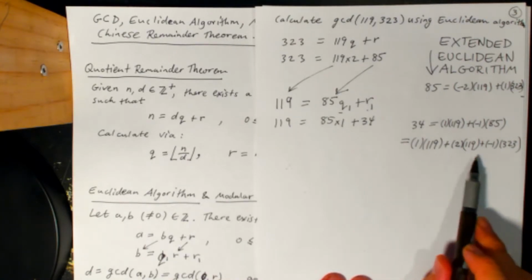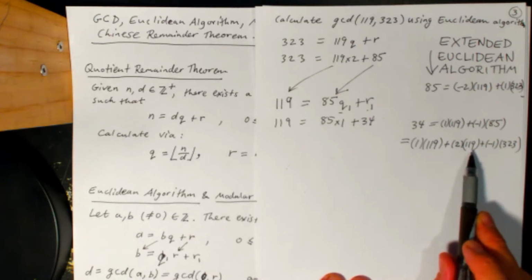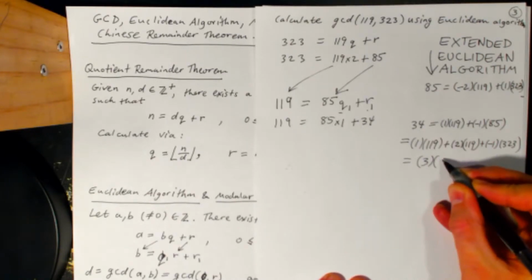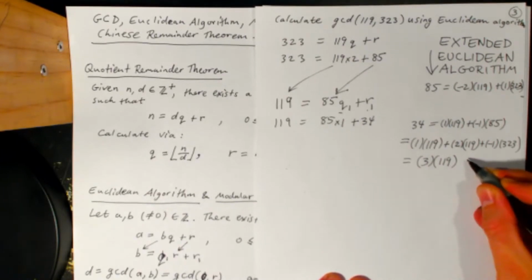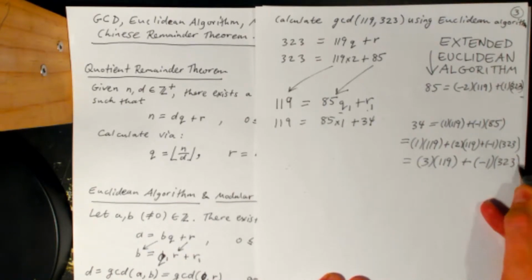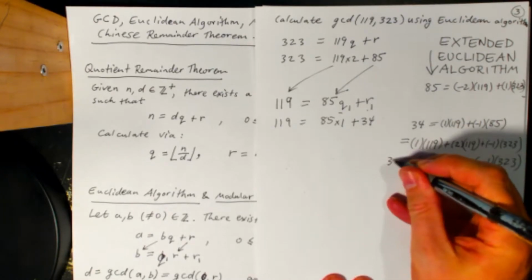Okay, now collecting like terms, 1 plus 2, we have 3 of the 119s. So 3 times 119 plus minus 1 times 323. Okay, and this was 34.